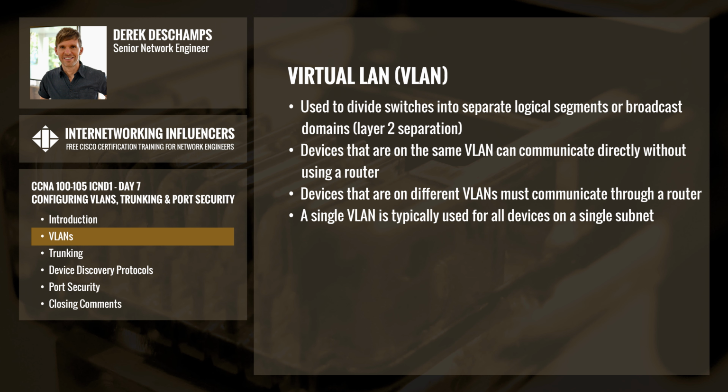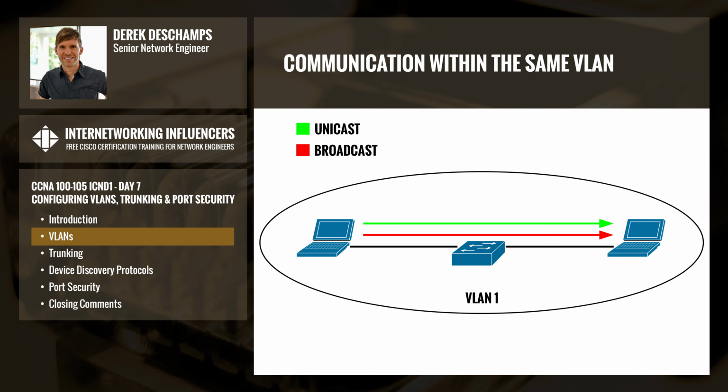A single VLAN is typically used for all devices on a single subnet. For example, if two devices are connected to a switch and on the same VLAN, they can communicate directly without the need of a router.